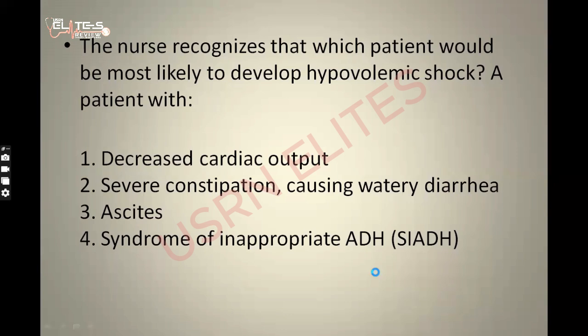And then with the ascites, I'm not going for that. There's already fluid in the system. And then also with the SIADH too, fluid leaks to the cell. So I'm also not going for that. So I'm going for the option 1.